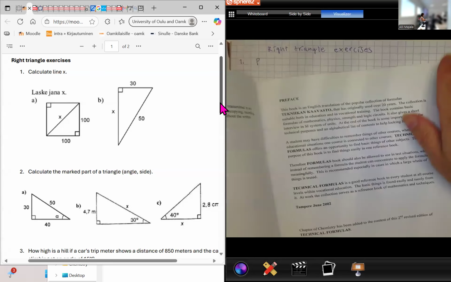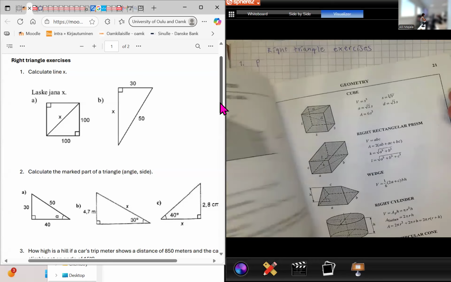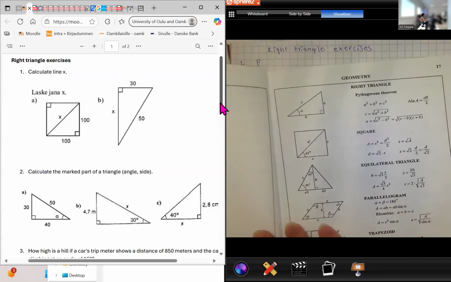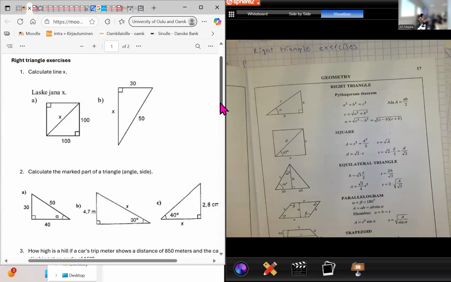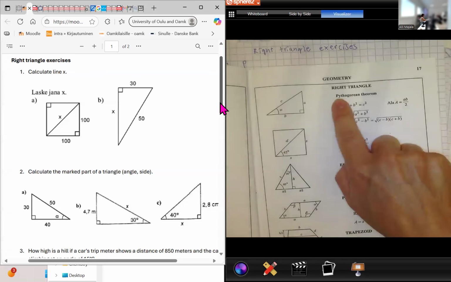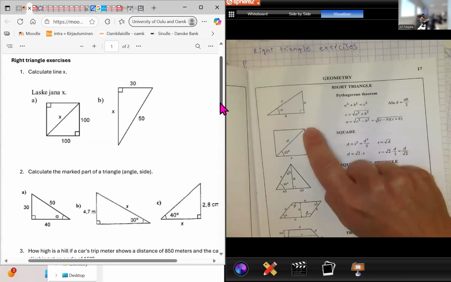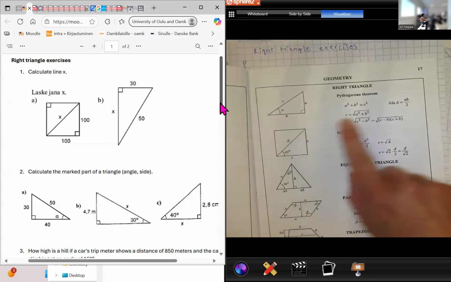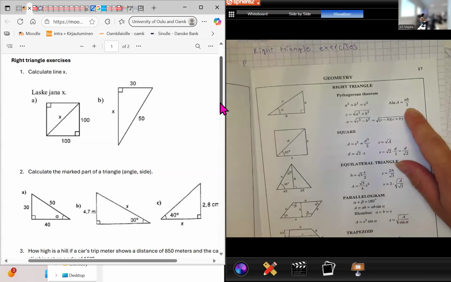And in the technical formulas, you find all of these. So there is the right triangle first on page 17. There's this thing, the dependency. Wow.